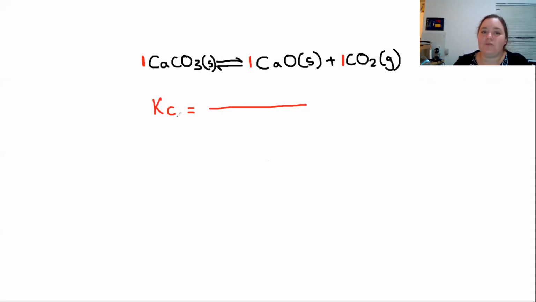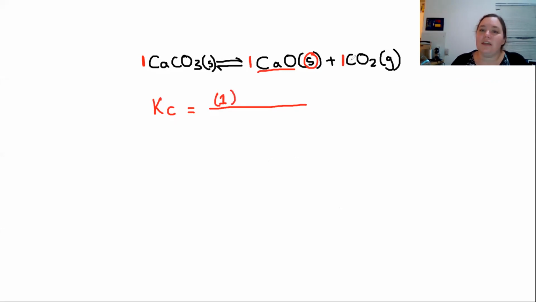So, first of all, I go to the product side. Remember, products go on the top, but we don't write products on the top. Just leave it, okay? We've got calcium oxide, but I'm not going to write in calcium oxide because it is a solid, so I just write the number 1. If you want, you can leave it blank, and that's fine too, because you know that there's going to be a 1 there. But if nothing else comes on the top, you must put a 1 at least initially.